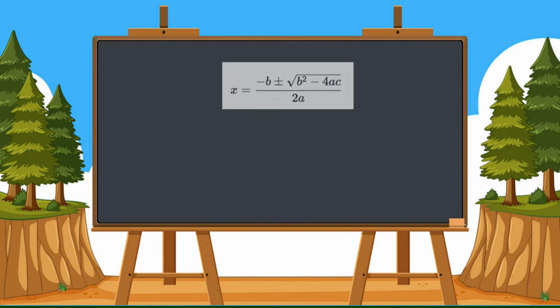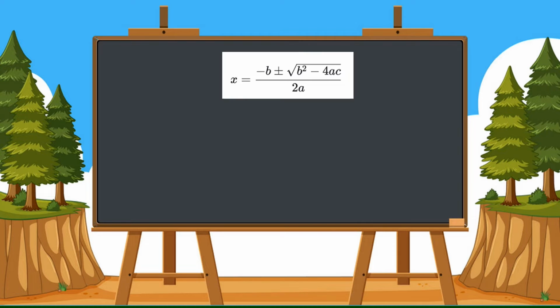In the quadratic formula, x is equal to negative b plus minus the square root of b squared minus 4ac over 2a, the radicand b squared minus 4ac can be used to determine the nature of the roots of a quadratic equation without actually solving the equation.